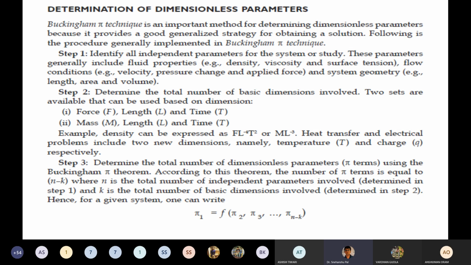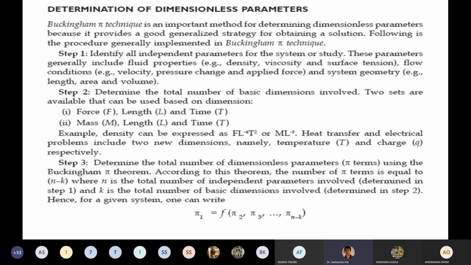So n minus k is the number of pi terms, that is, how many dimensionless parameters you can generate. That rule is determined by the Buckingham pi technique.